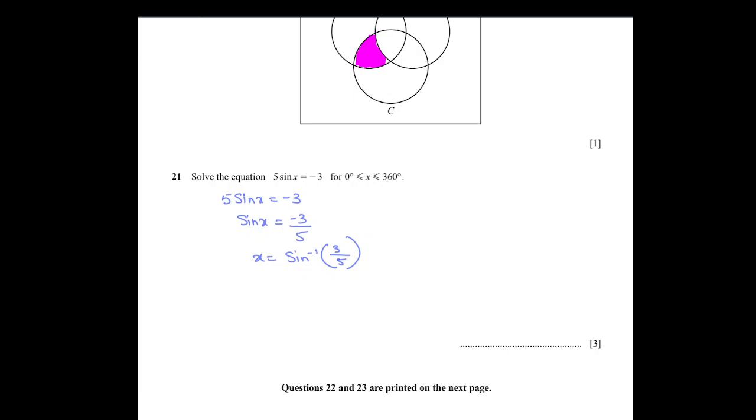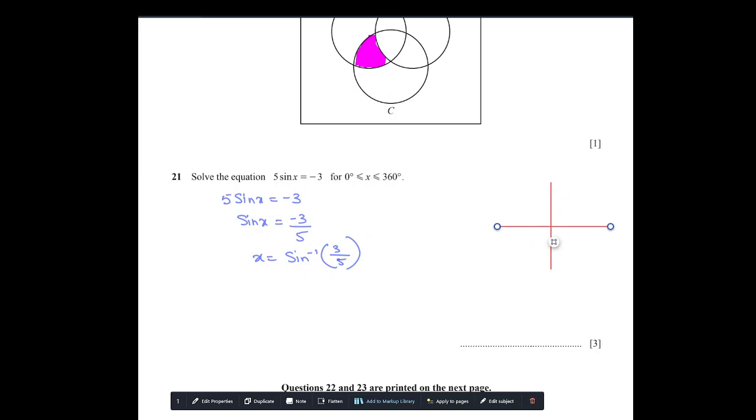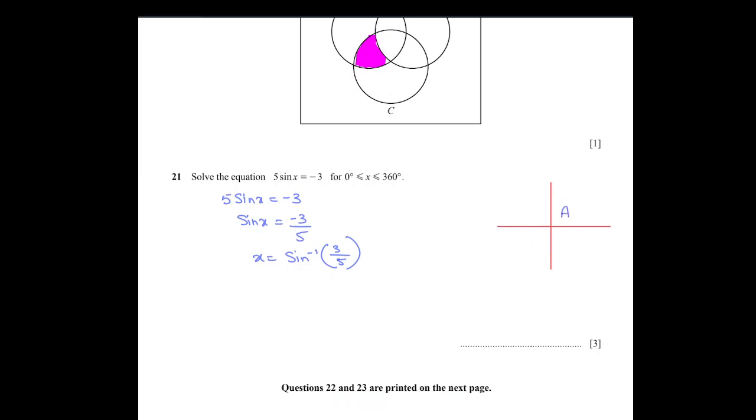So taking the mnemonic, all students take calculus. Sine is negative in the third and fourth quadrant. So third is 180 plus the angle which we get, that is theta, and fourth is 360 minus theta, we have to subtract from 360.